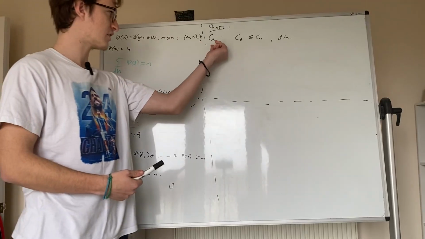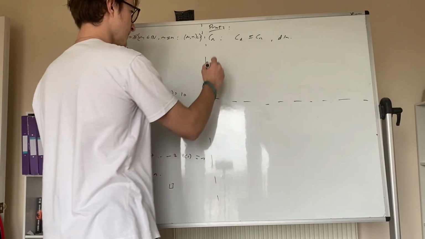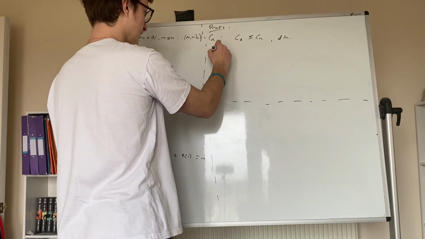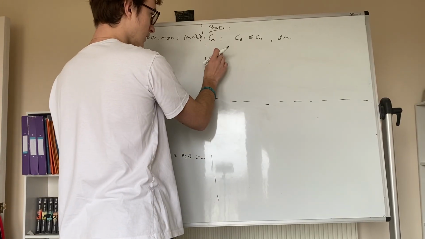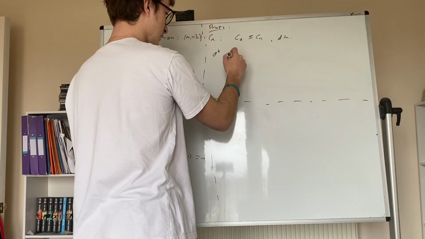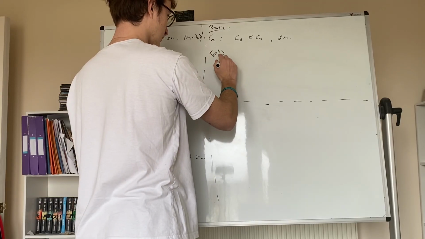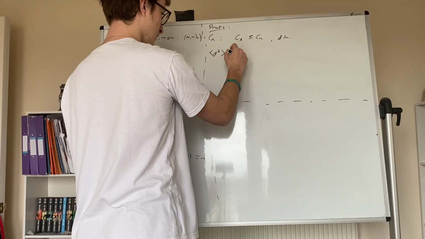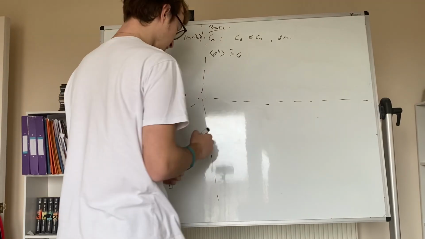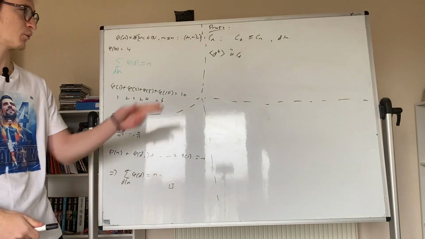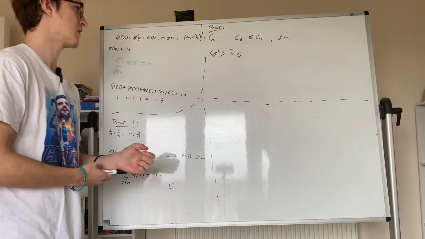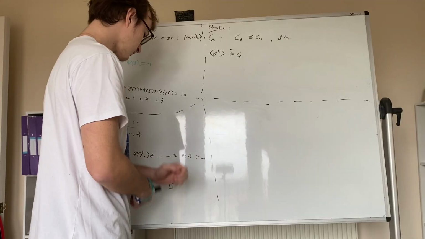So let's say the generator of Cn is g. So what I'm asking is, if we pick some element of Cn, it's going to look like g to the k. When is the subgroup generated by g to the k equal to Cd? So for which k, or how many different k can we pick such that this is true?